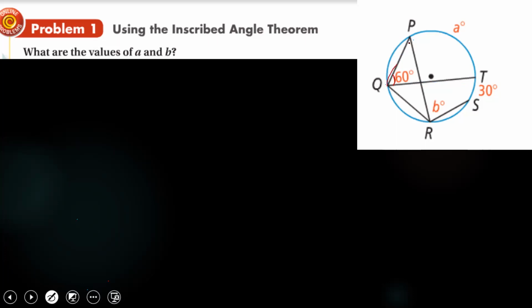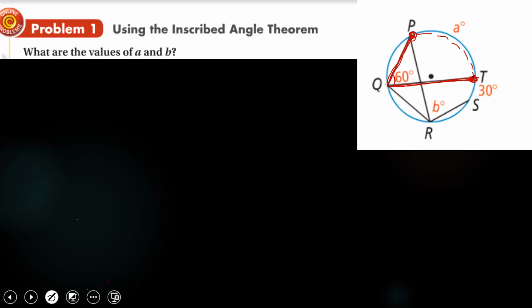This is the first side, and this is the second side. Now, look at the sides here. Where are the two endpoints? They are P and T. Is it right, Maya? Yeah. So since they are P and T, this will be the intercepted arc.